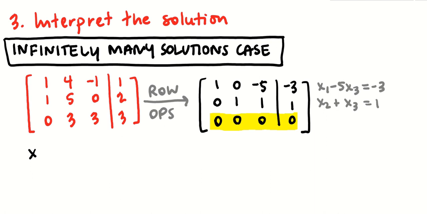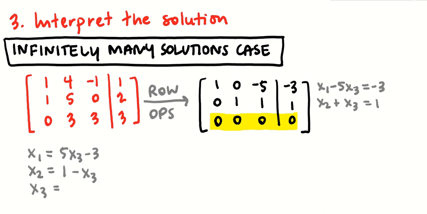I've got x1 equaling 5x3 minus 3, and x2 equaling 1 minus x3.